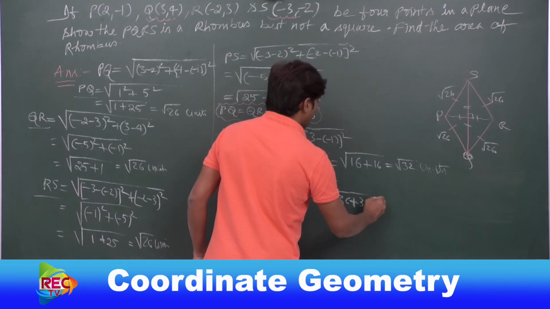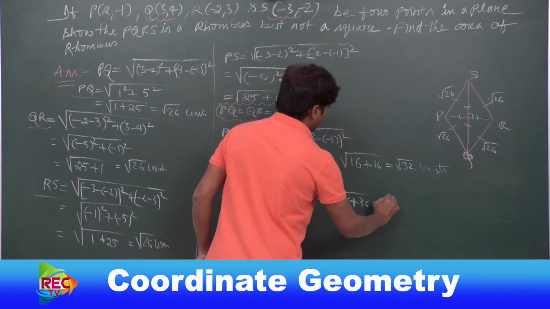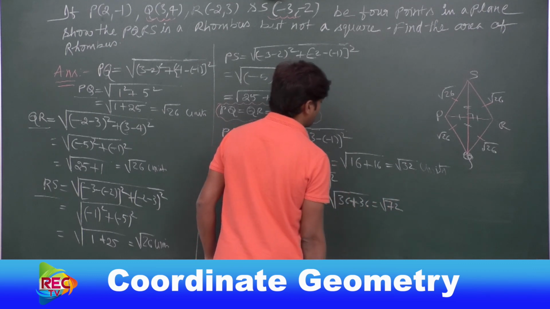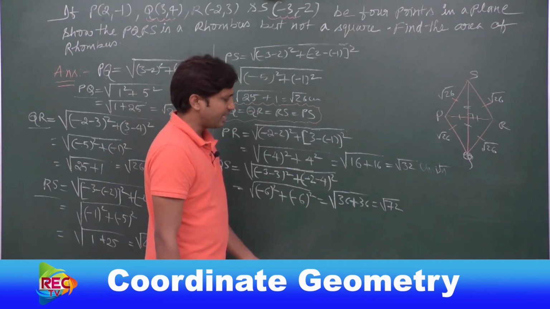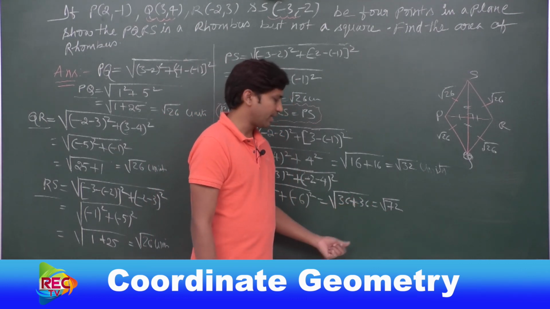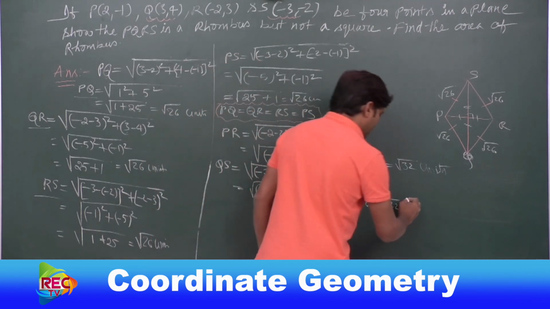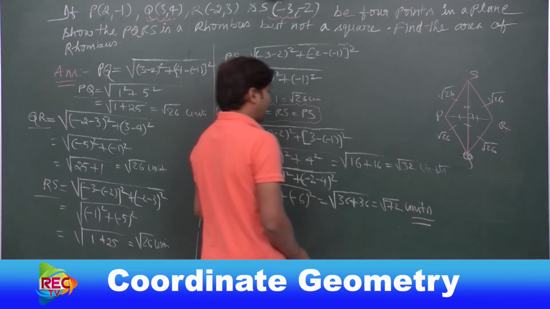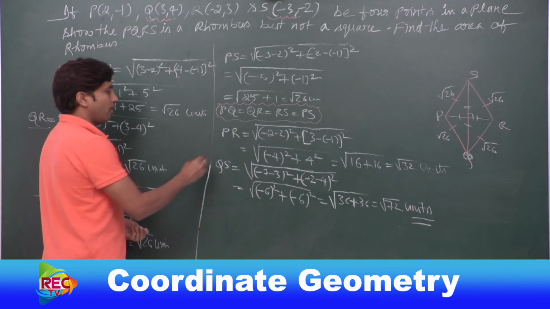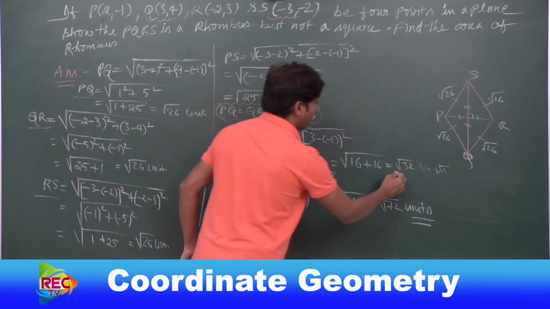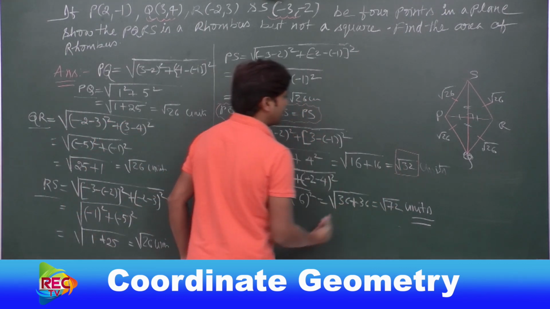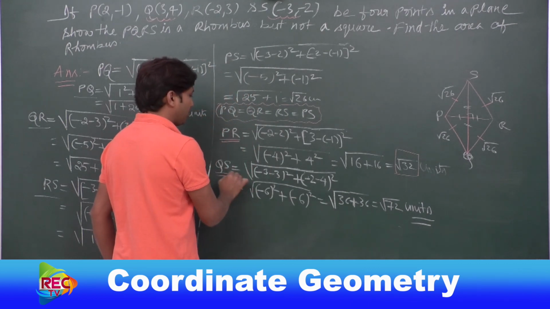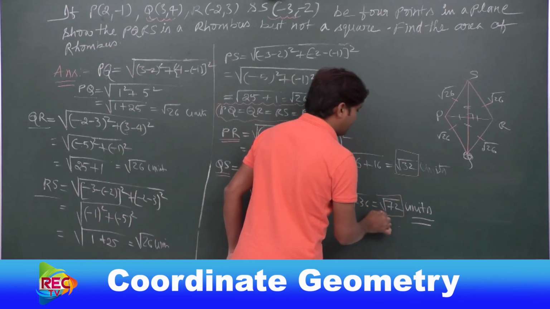Now this would be how much? Under square root 72, or else we can say 6 root 2 also. Now tell me what value of PR we obtained. Value of PR would be your 32 units and value of QS is your 72 units.